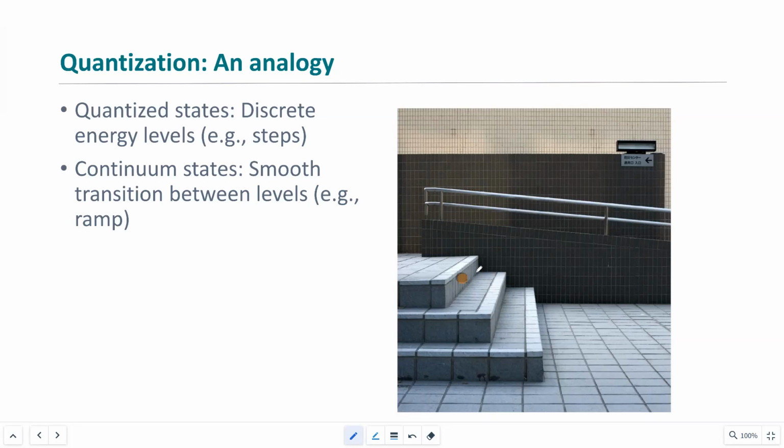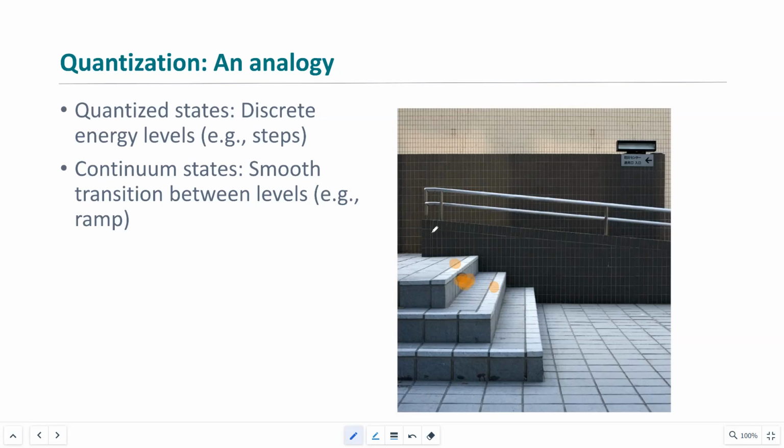There's no place for me to put my shoe so that I am standing in between these two stairs. I either have to stay up high or I have to come down to the middle step. I can't go anywhere here in the middle. That's quantization. Quantization says that there is a discrete amount of energy that has to be inputted or outputted, and anything other than that cannot happen.